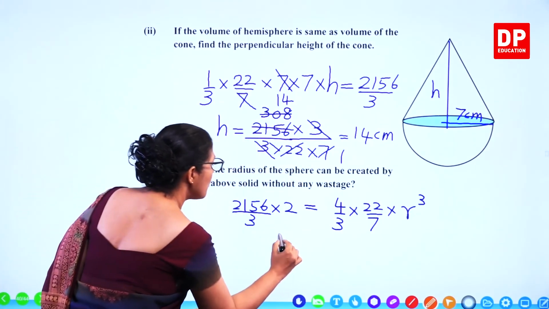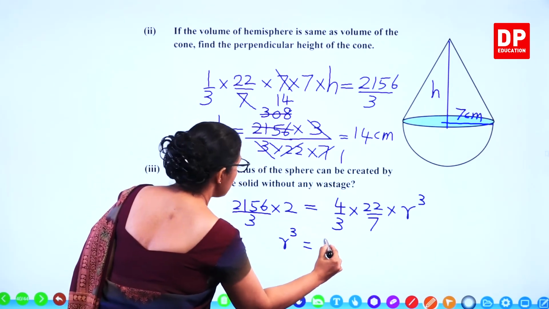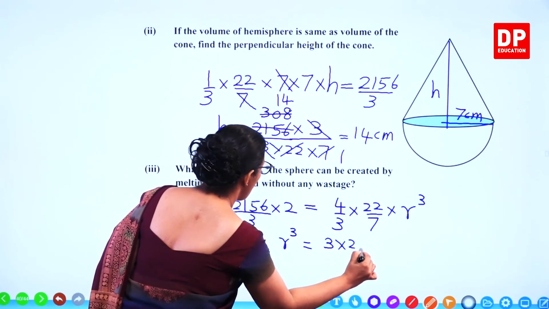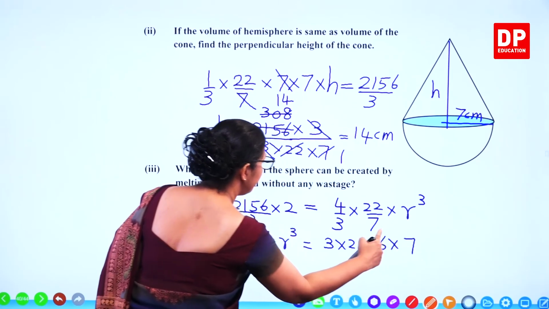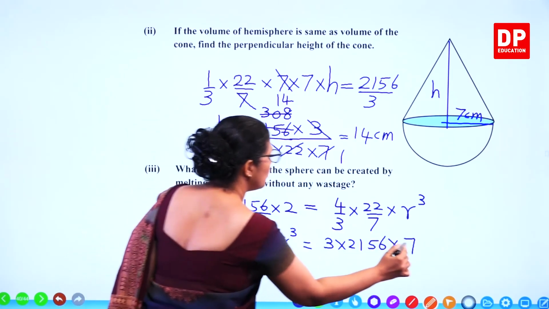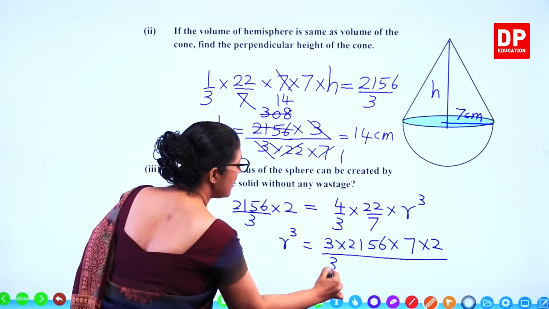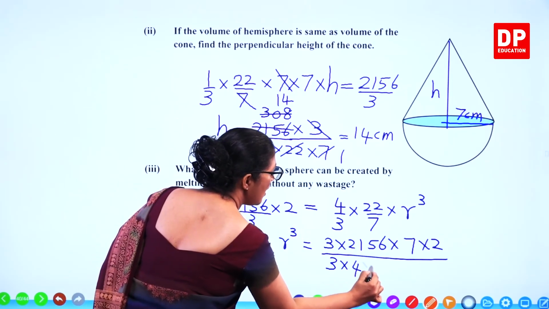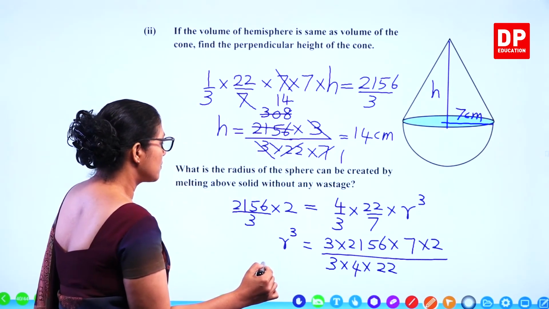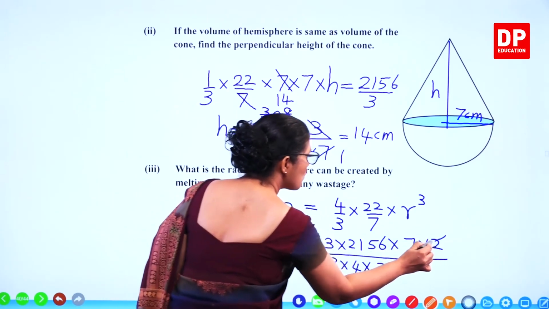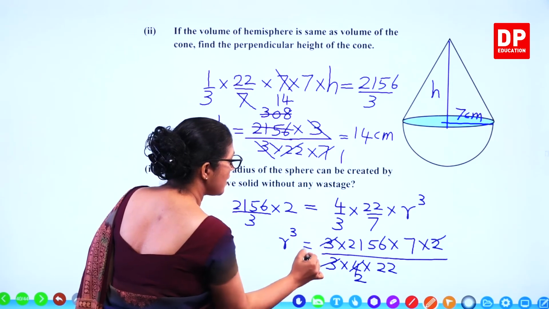Now simplify, you get r cube is equal to, so multiply by 3, 3 times 2156, 7 is also there, and 2. Divide by 3 here, 4 goes there, and 22 here. Now simplify, 2 times 2. 3 gets cancelled out.